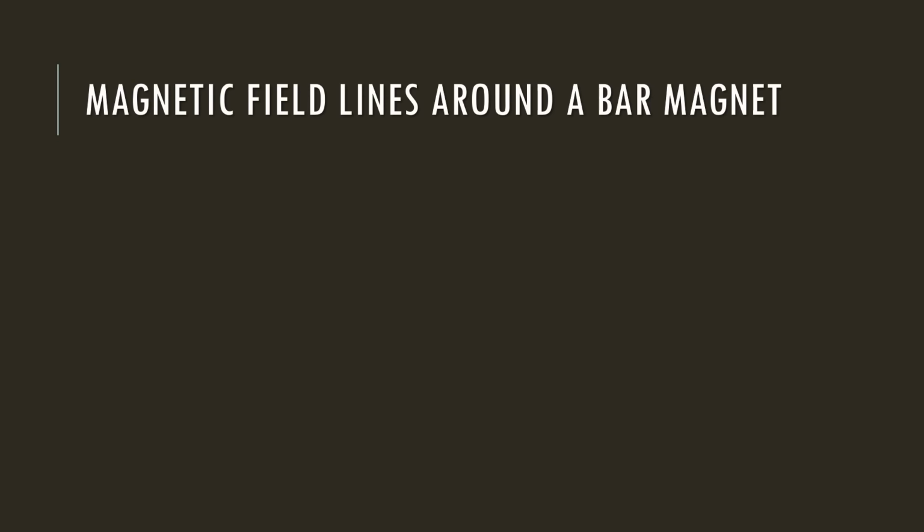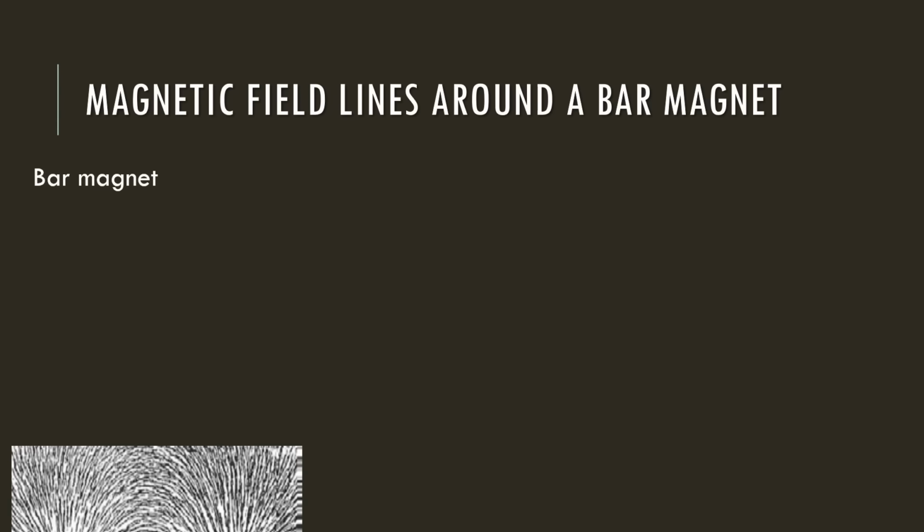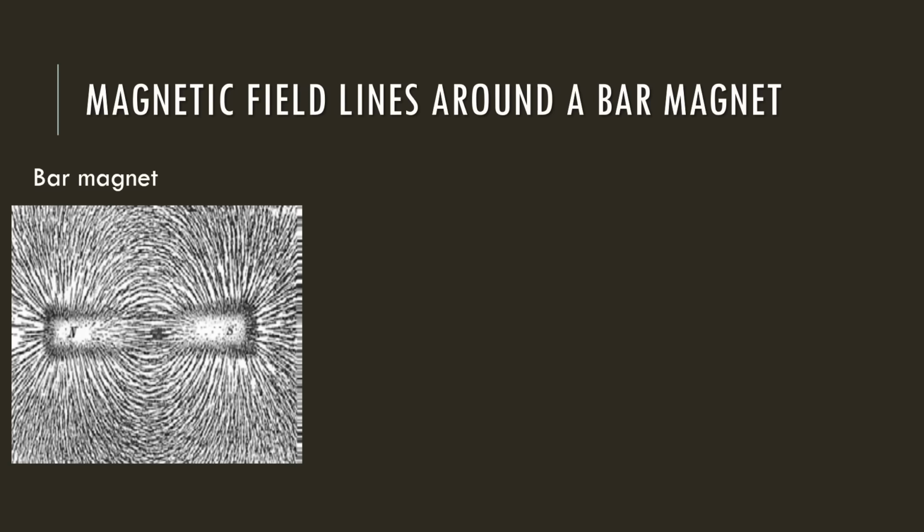Here are a few examples of how the magnetic field lines look around a bar magnet. The first one here is just a bar magnet with iron filings sprinkled over it. So over here is our south pole and over here is our north pole. And this is how the magnetic field will look around a bar magnet.